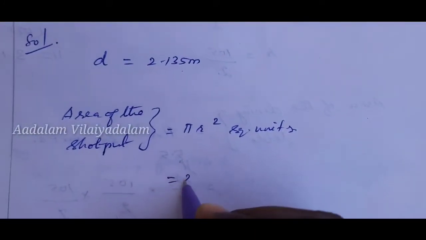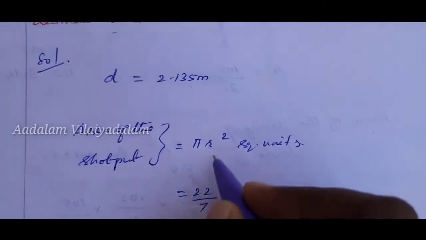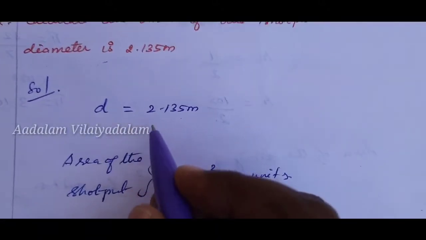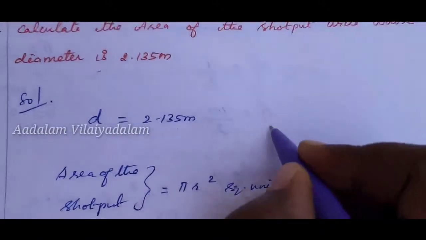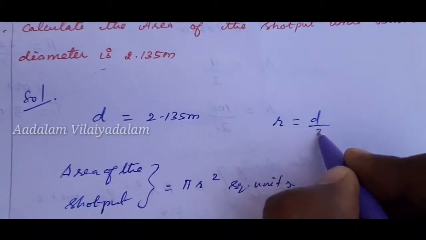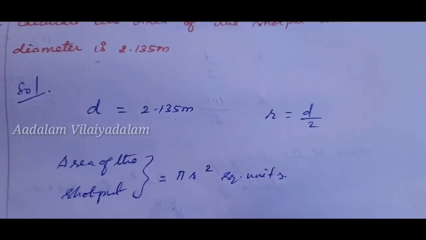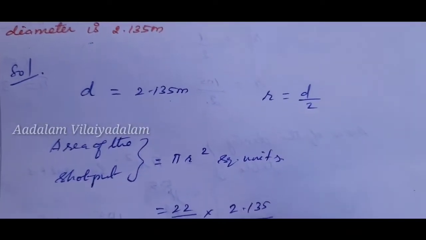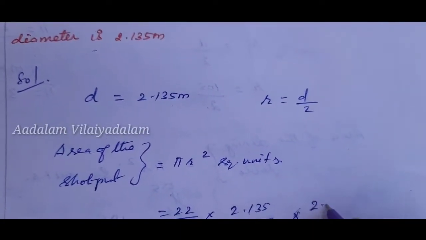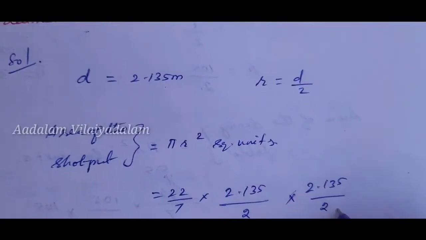Now the pi value we can take as 22 by 7. Then how will we find the radius value? That is r equal to d divided by 2, isn't it? So the r value will be 2.135 divided by 2 into 2.135 divided by 2.